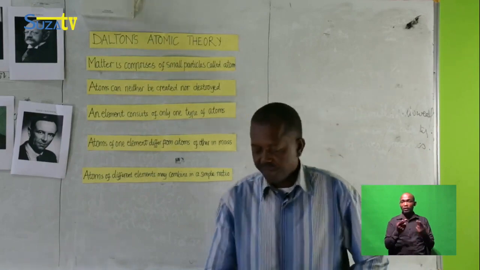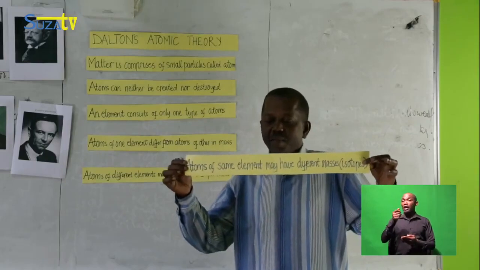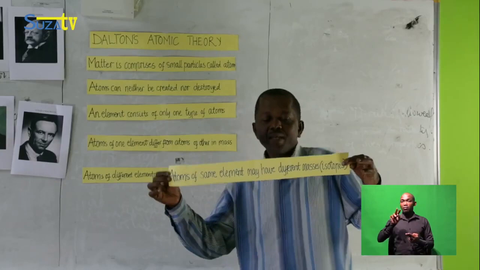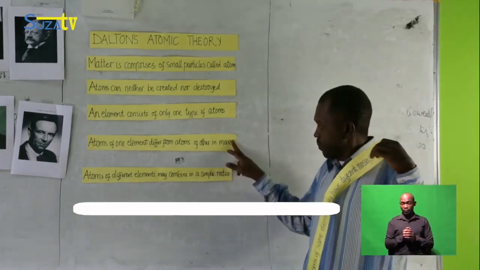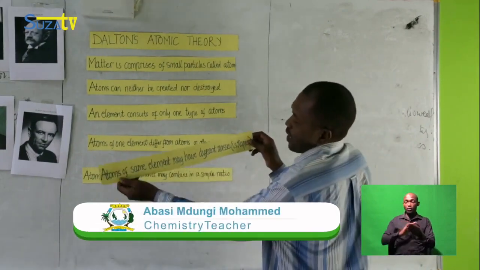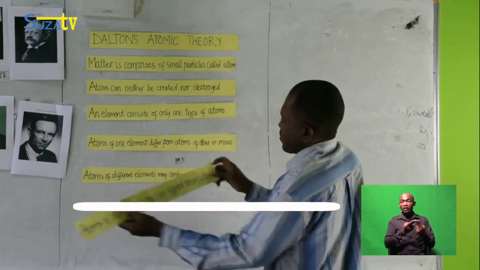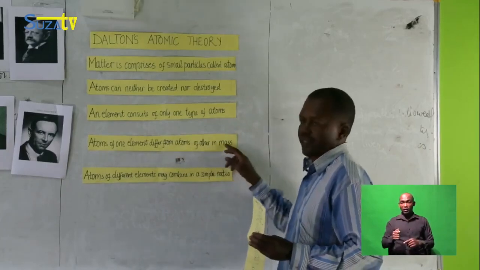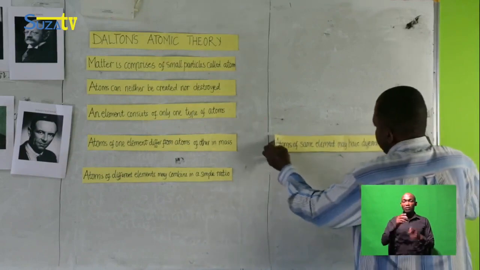I repeat, the modification says atoms of the same element may have different masses. We are talking about mass in this postulate, so it means there is a repetition of mass in this postulate. Atoms of the same element may have different masses, isotopes. Atoms of one element differ from another in mass. So it means that this postulate matches.